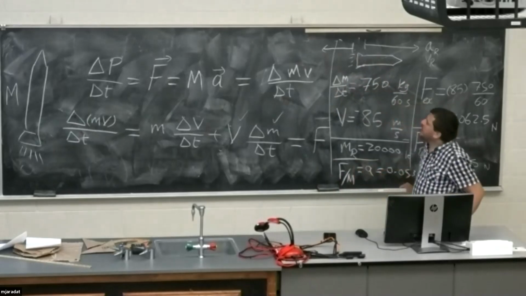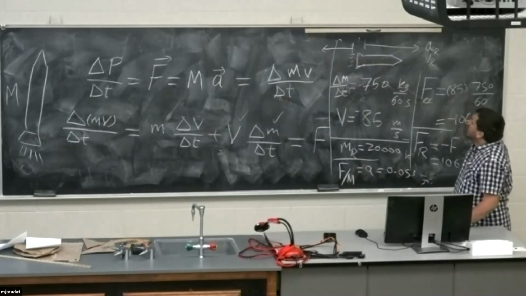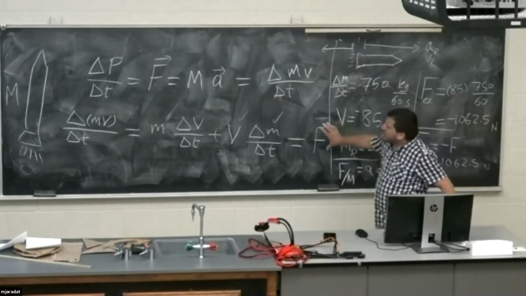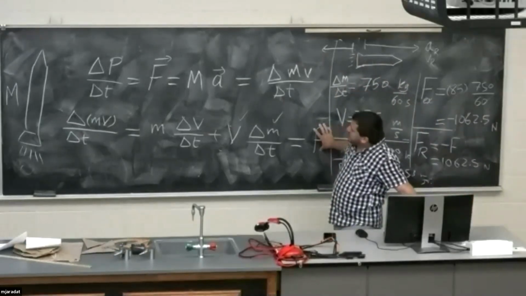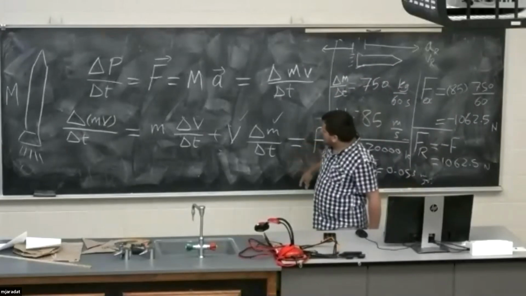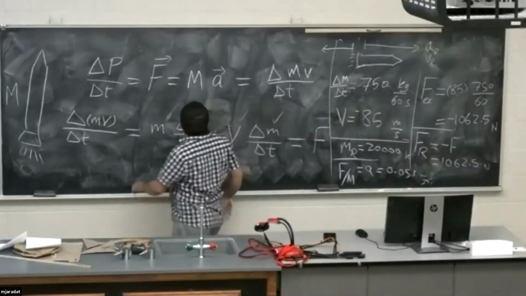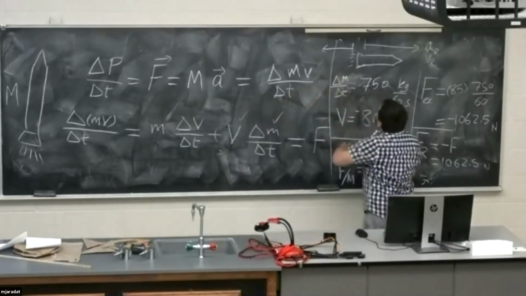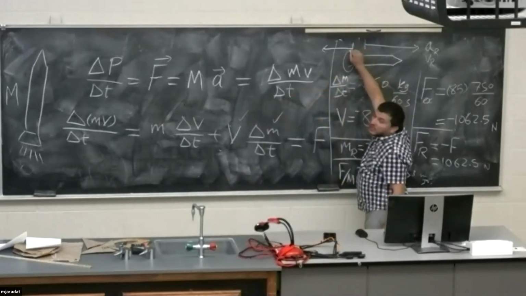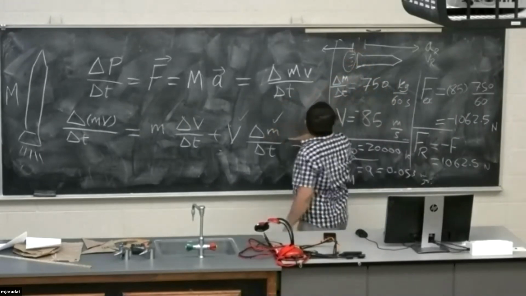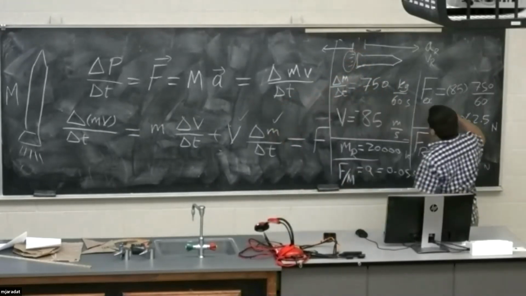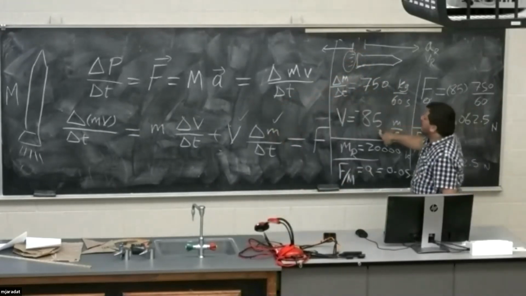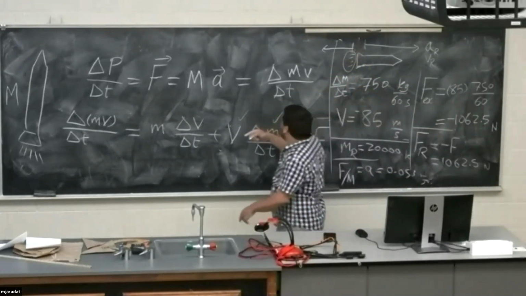Any question about this? This is the main equation for the rocket problem. We don't have any change in the velocity of these materials. These materials' velocity is constant, which is 85 meters per second to the negative direction.